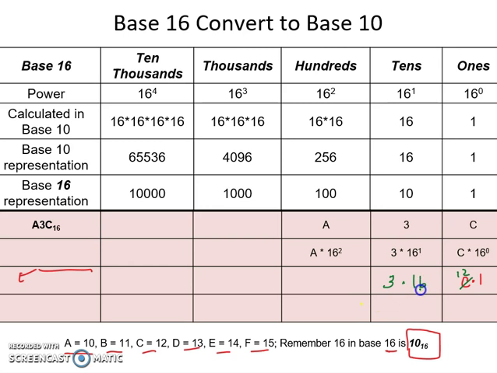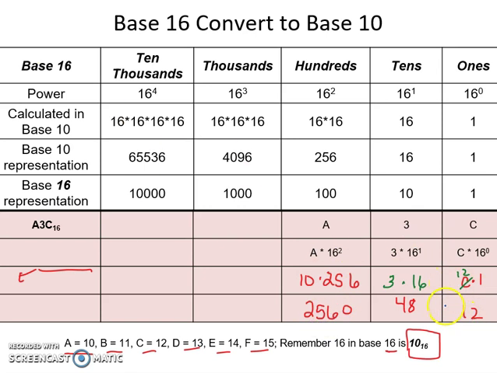3 times 16, and A was 10, so 10 times 256. So we have 12. 3 times 16 is 48. And 10 times 256 is 2,560.